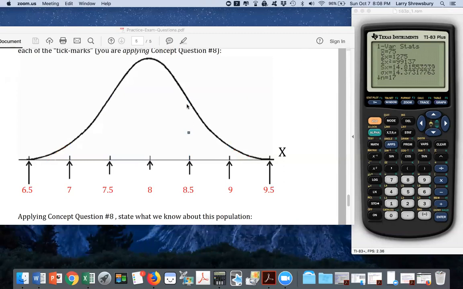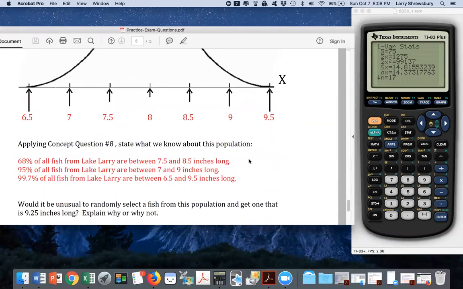And then if you go 3 standard deviations above, 3 standard deviations below, you pretty much got all, or 99.7%. So 99.7% of all the fish in Lake Larry are between 6.5 inches and 9.5 inches.